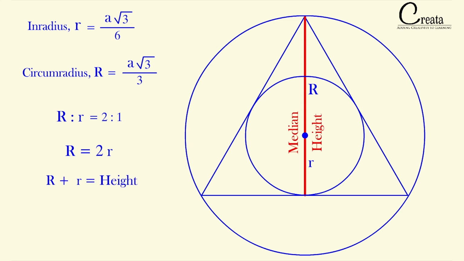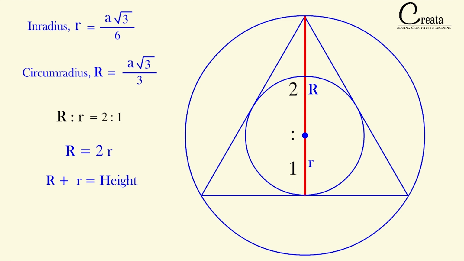Capital R plus small r, that is circumradius plus inradius, is equal to the height of the triangle. And in the medians, we have studied that the centroid divides the median into the ratio of 2:1. Here also the ratio of capital R to small r is 2:1. That is, this point is dividing the complete line segment into the ratio of 2:1.